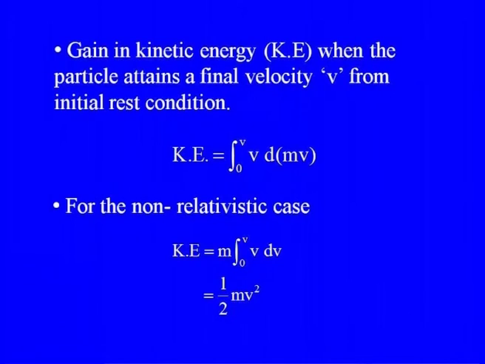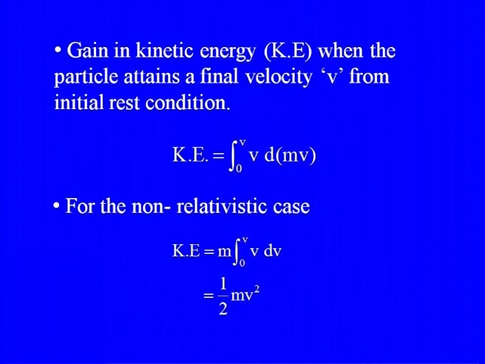So, for the non-relativistic case, what do we do? Here we know that the mass of a body is constant. It's a fixed thing. So, we can take it out of the differential d(mv), take it out of the integral sign, so that the integration for the kinetic energy is simply m v dv, and then from 0 to the final velocity at the end.